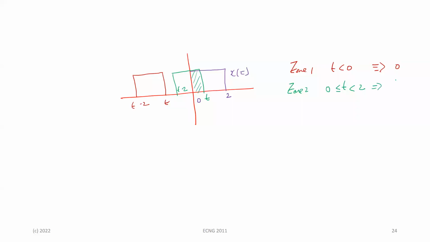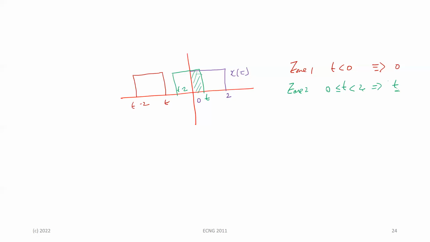And we have the answer, I think, is t. And notice that this increases because it's a function of t. So when t is naught, this is naught. When t is 2, this is 2, right? So the value increases up until the point t equal to 2. So the convolution is increasing.